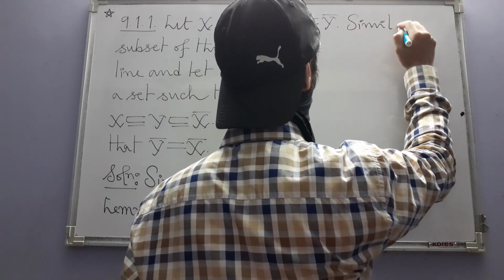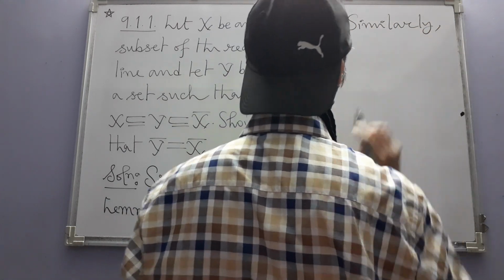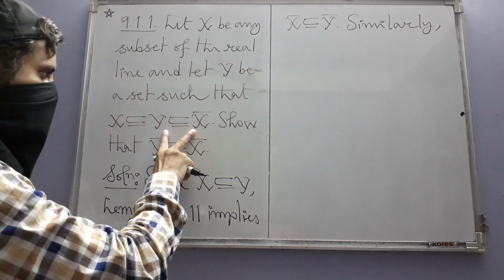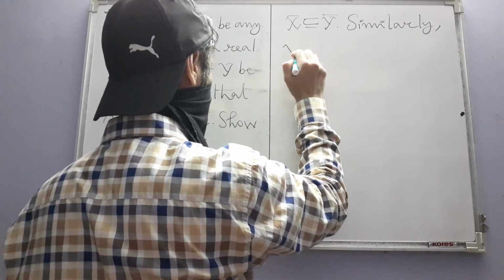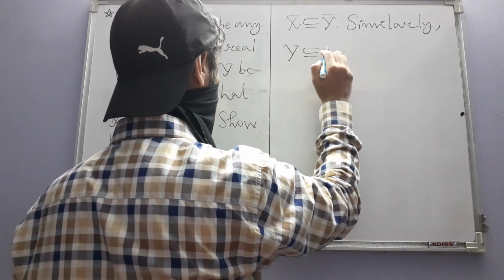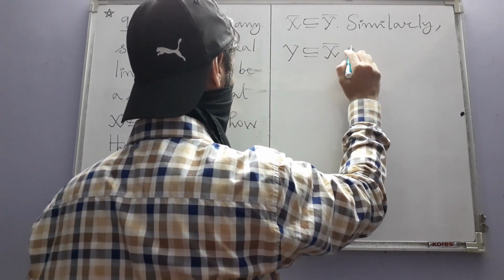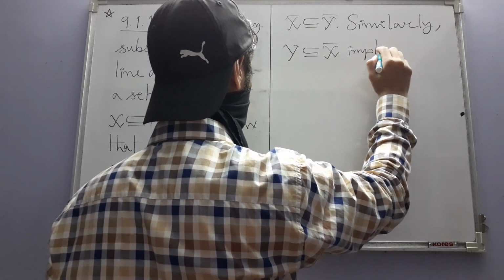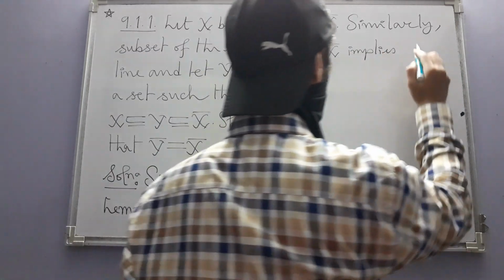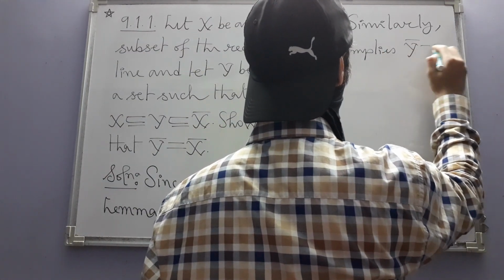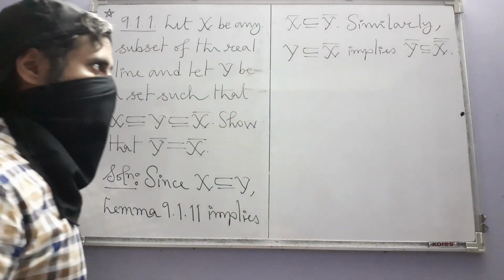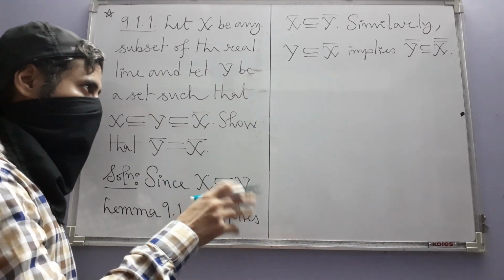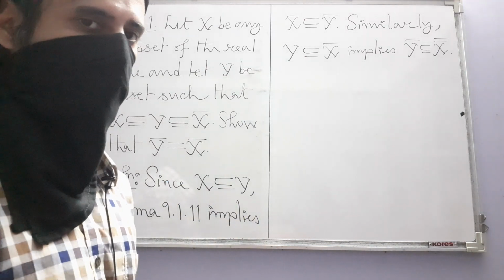Similarly, this other containment is going to give us this. This implies that y closure is a subset of the closure of x.